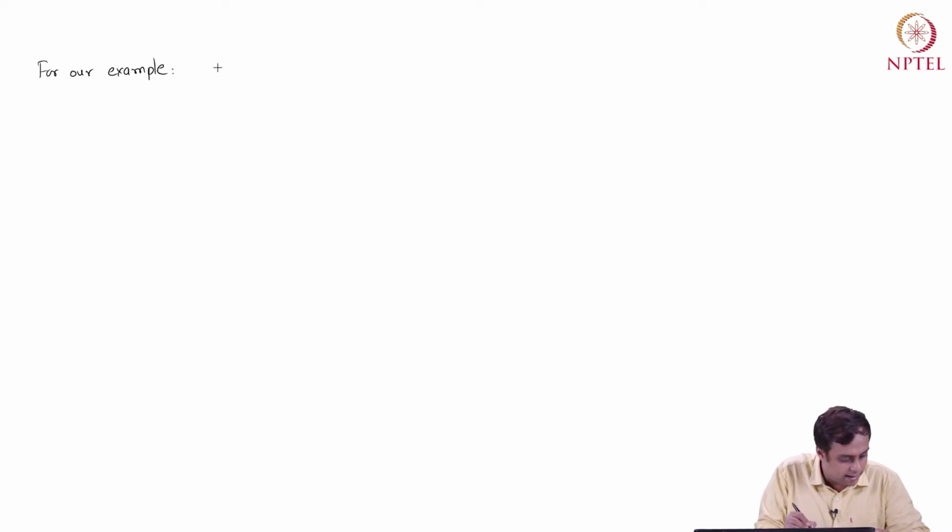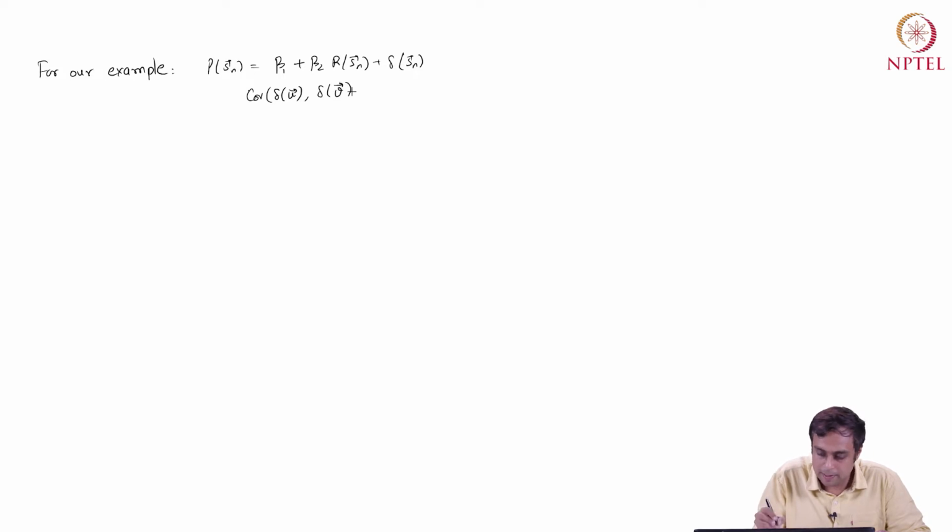Okay, so for our example, that is, P(Sn) = beta 1 + beta 2 r(Sn) + delta(Sn), with covariance of delta(u), delta(v) equaling sigma squared rho^|u-v|, where rho is between 0 and 1.